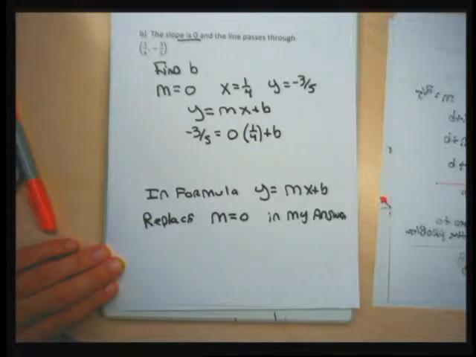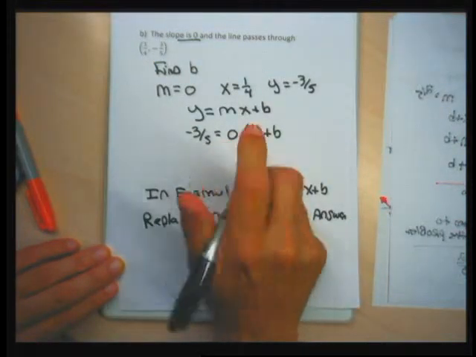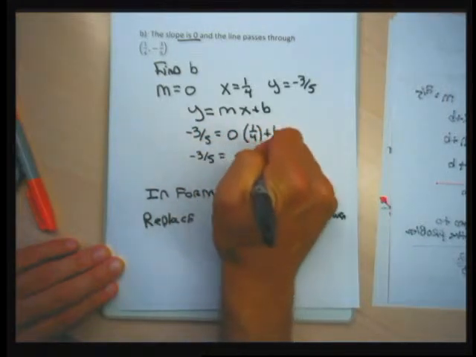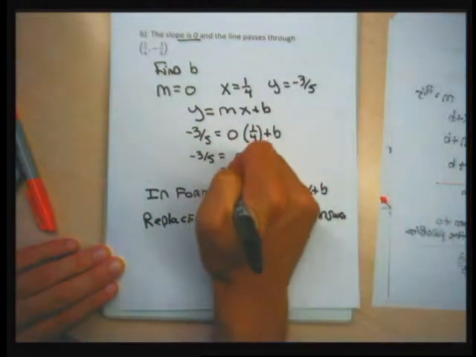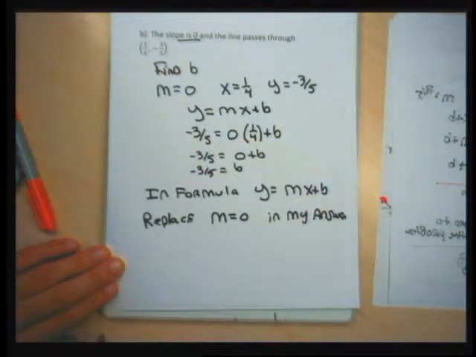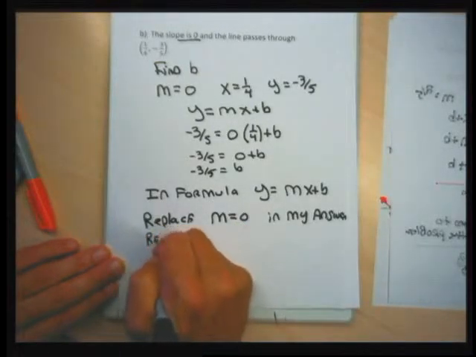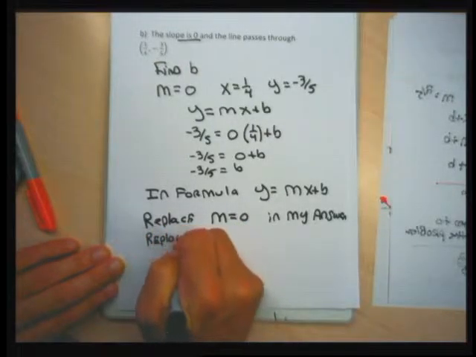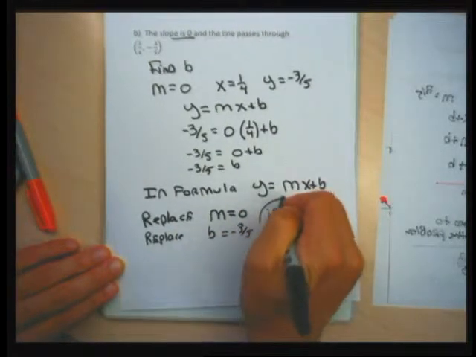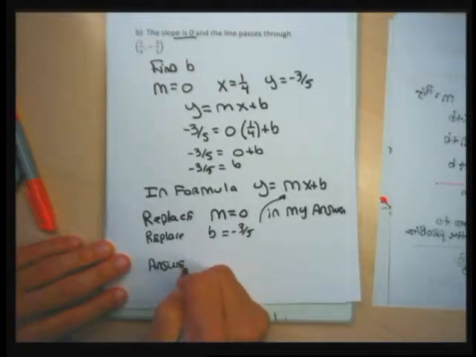The nice thing about this is there's really no algebra to do, because this 0 times 1/4 comes out to 0. So you get -3/5 equals 0 plus b, and 0 plus b is just b. So I'm going to replace the m with 0, and I'm going to replace the b with the -3/5 in my answer.